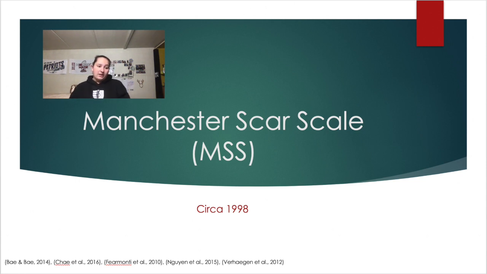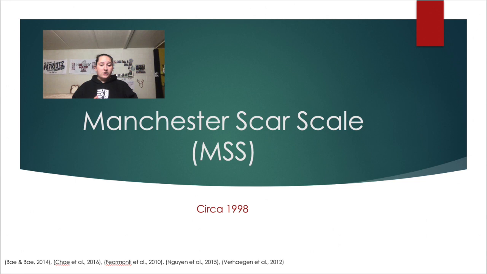But this scar scale is criticized for being better suited to the assessment of linear scars, which I mentioned earlier, and for lack of accounting for symptoms. So again, this one, like the VSS, doesn't take into account pain or itchiness or things like that. However, this is applicable to a wider range of scars and is well suited for post-operative scars.